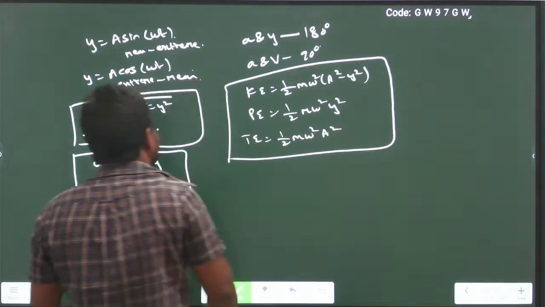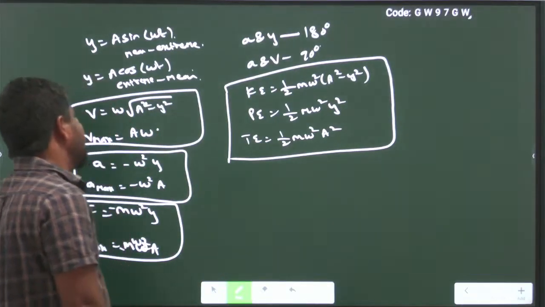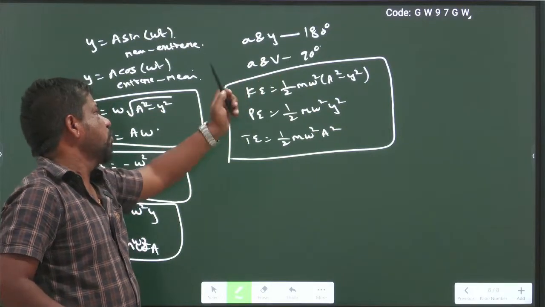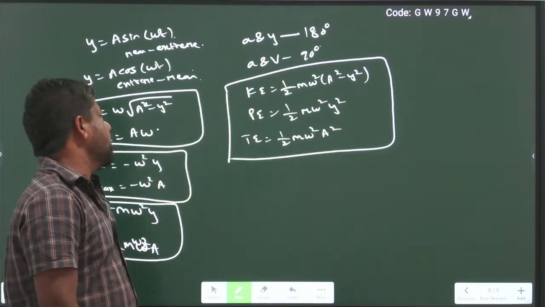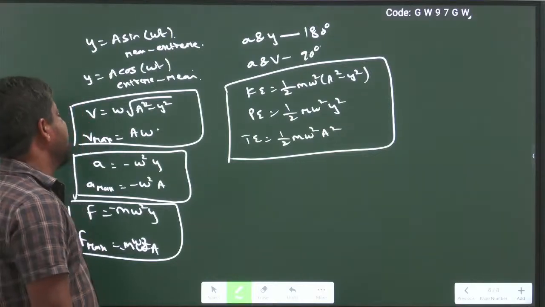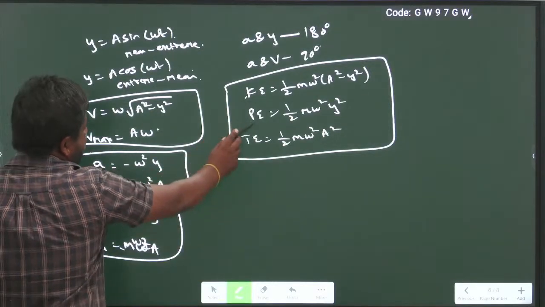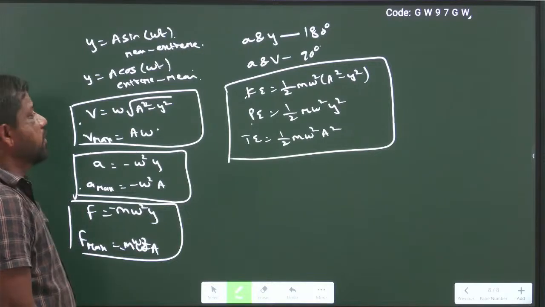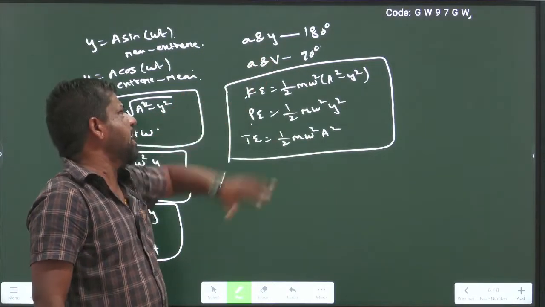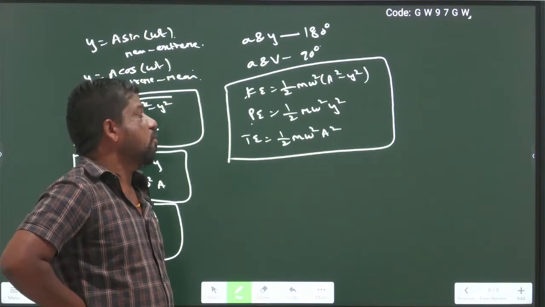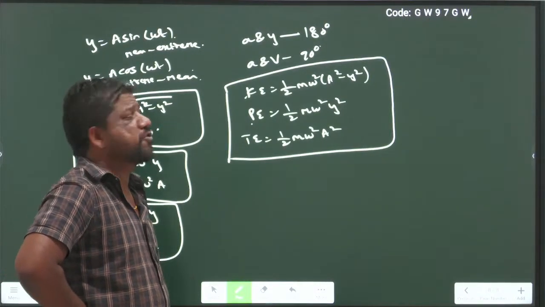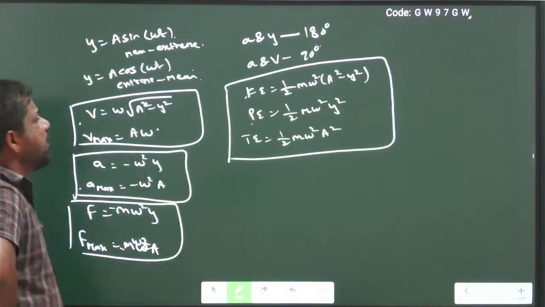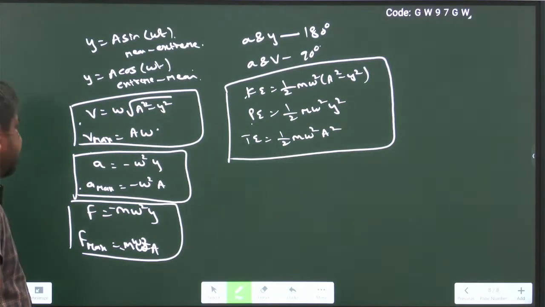These are the various expressions: kinetic energy, potential energy, total energy, velocity, acceleration, force. Phase difference between acceleration and displacement is 180 degree, acceleration and velocity 90 degree. These are the regular formulas that will be asked in the exam.